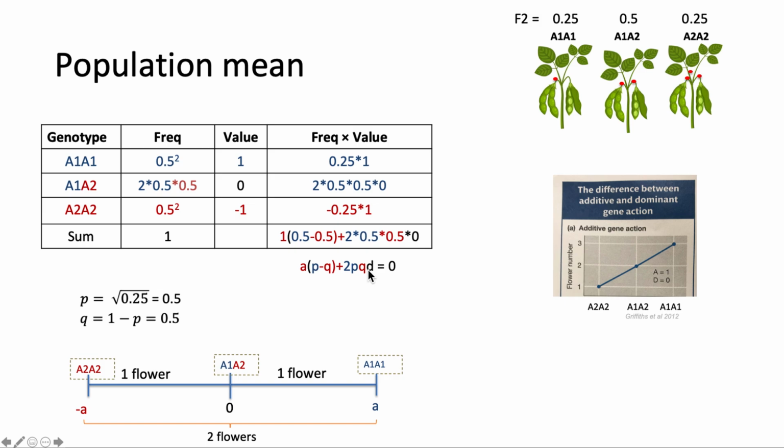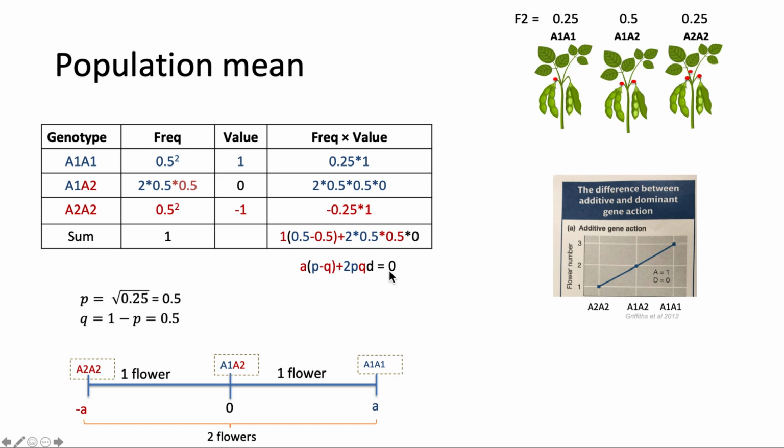Hopefully you can see here that if there is no dominance deviation in the allele that you are trying to estimate the effect of, the second part of the formula is going to be equal to 0. And here, as we have the same allele frequency, 0.5 for P and 0.5 for Q, this part of the formula is also equal to 0.